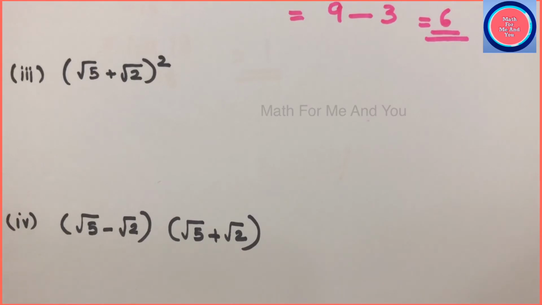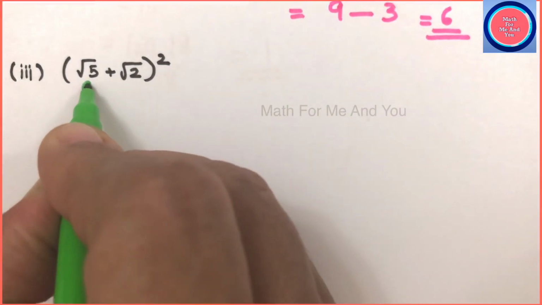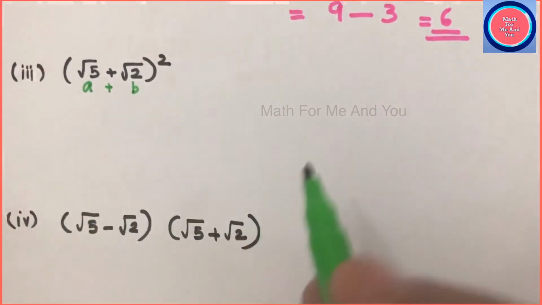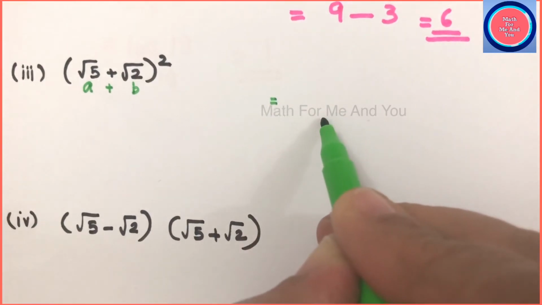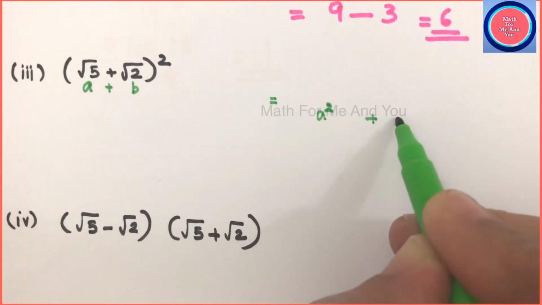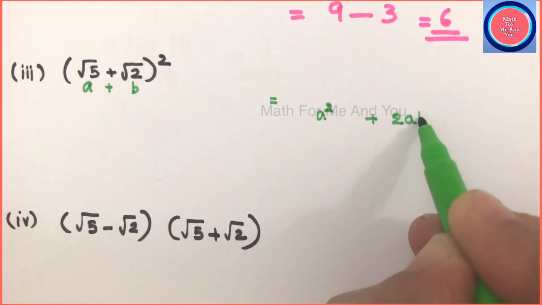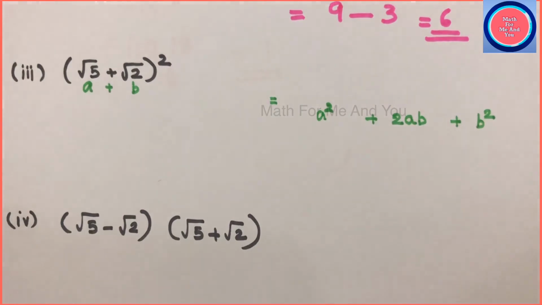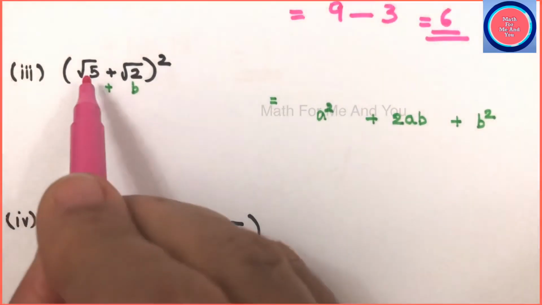Look at the third question. It is (root 5 plus root 2) the whole square. This is of the form (a plus b) the whole square. What is the expansion? Expansion is a square plus 2ab plus b square. With this expansion, we can find the value of (root 5 plus root 2) the whole square.